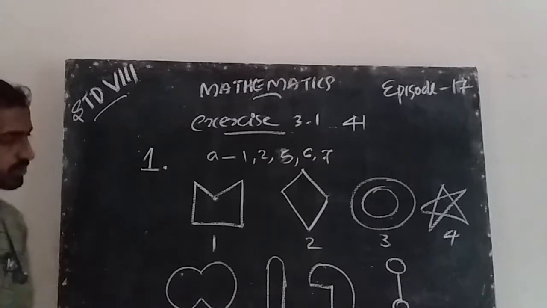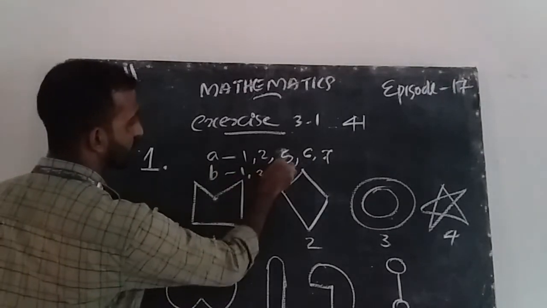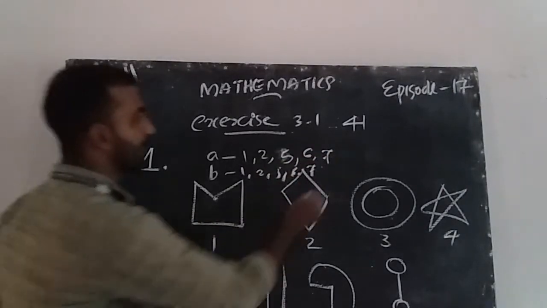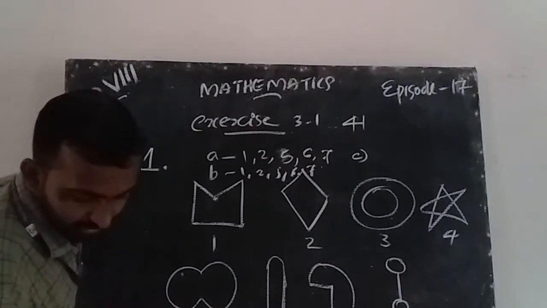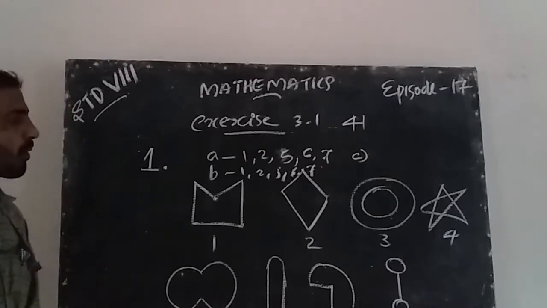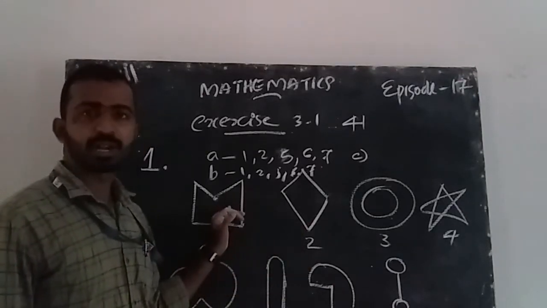And the third part is the C part. What is the C part question? Polygons. Which are polygons? Is it a polygon?